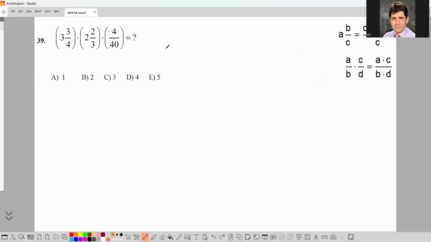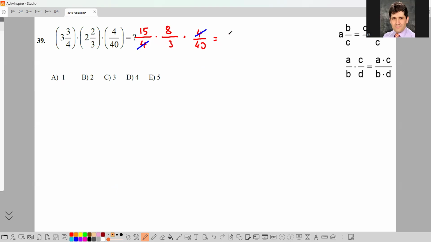Now calculating some mixed operations with fractions, so multiplying mixed numbers. What do we get? The first one we can convert into an improper fraction. 4 times 3, that's 12, and 3, that's 15, times 3 times 2, that's 6, and 2, 8, over 40. I believe we can just cancel this and this. You can directly multiply, or you can separate it into factors.